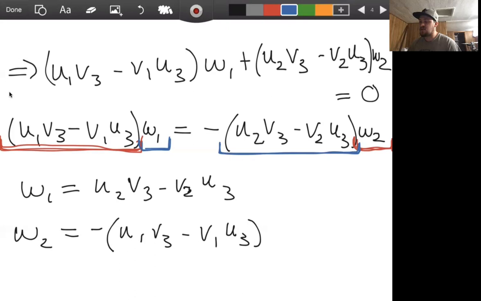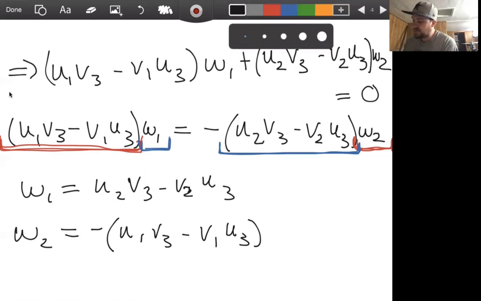And so you can plug these in to verify that these are valid solutions for this equation. So we have w1 equals u2 v3 minus v2 u3, and then w2 is negative, quantity u1 v3 minus v1 u3. Okay, and now, so we've answered our questions about w1 and w2, but what about w3?